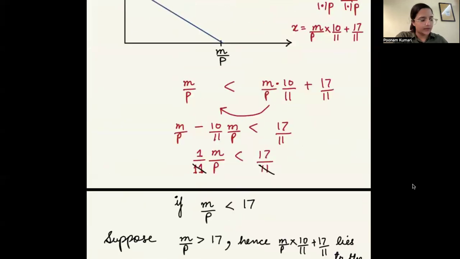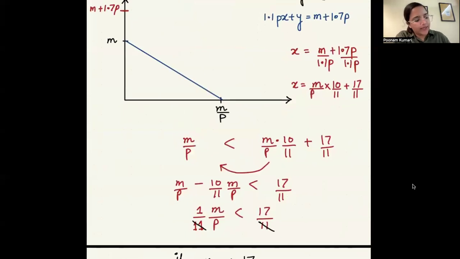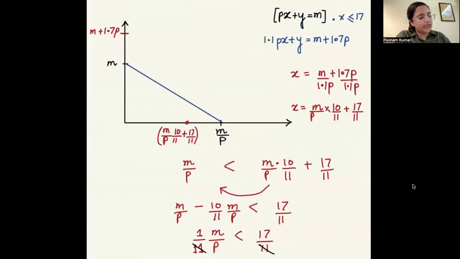So one of our points has come here. It is somewhere here. This is M by P times 10 by 11 plus 17 by 11. My second line is going to be something like this, right?